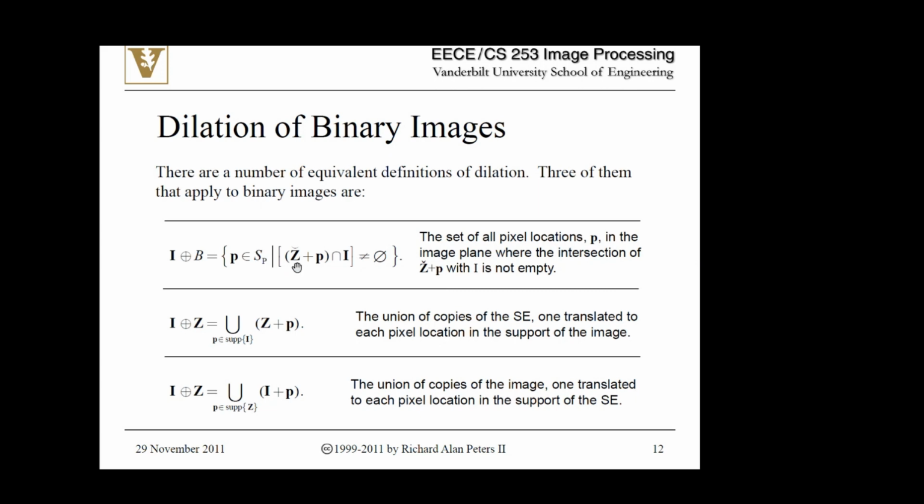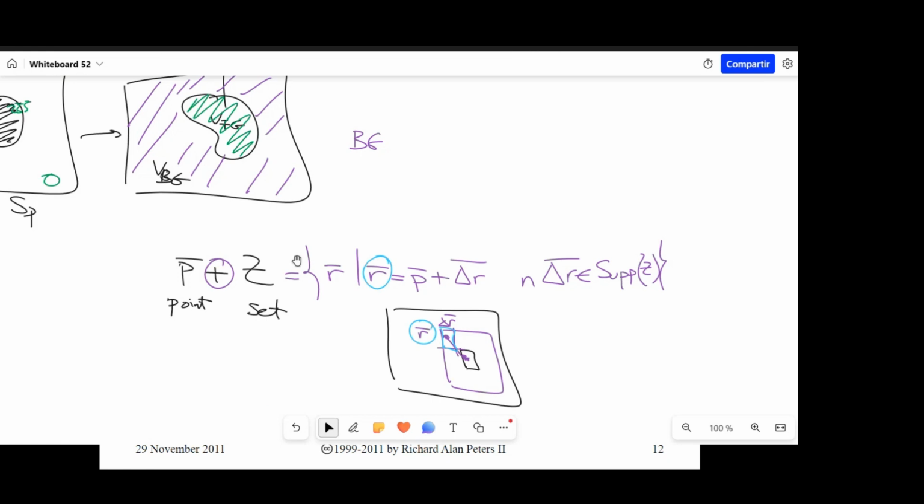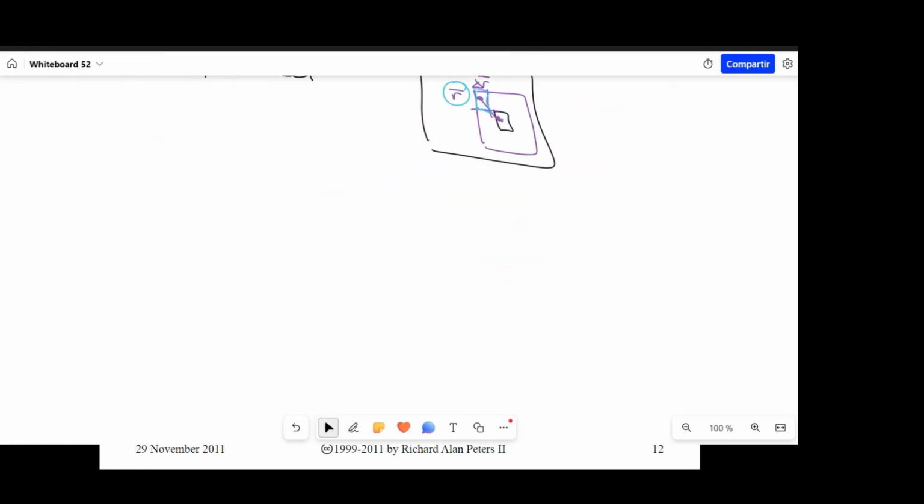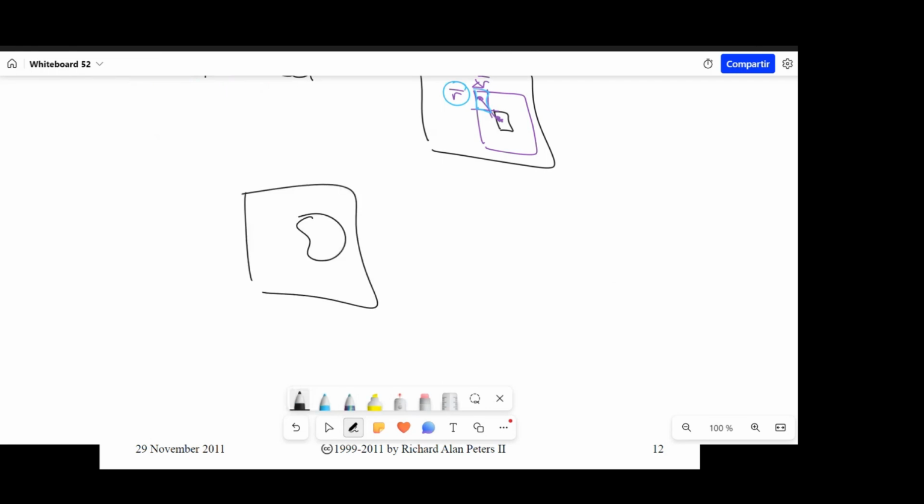Okay, so let's see. We have an image here. This is our foreground. Let's say that our kernel is that one. I shift the kernel to this location.